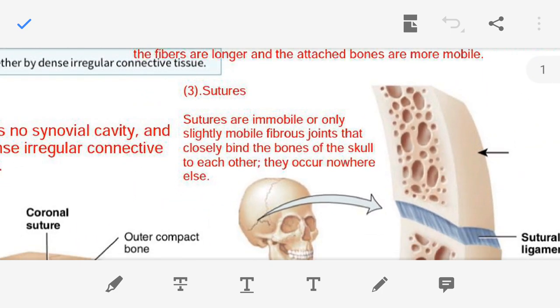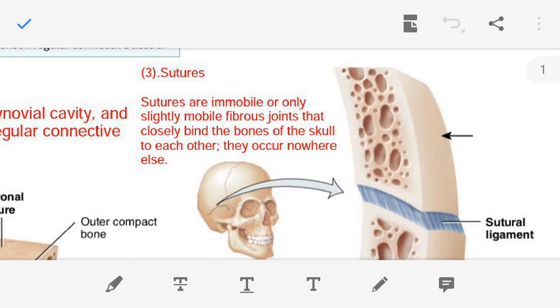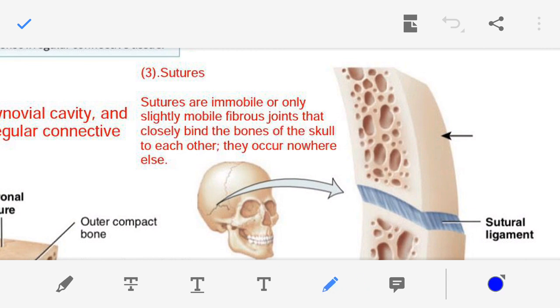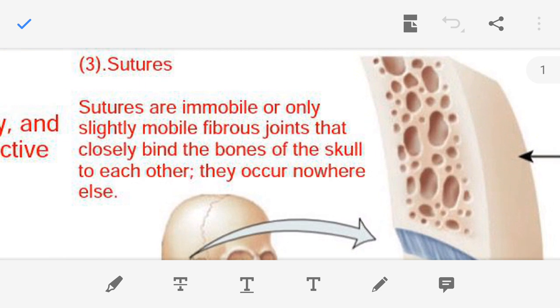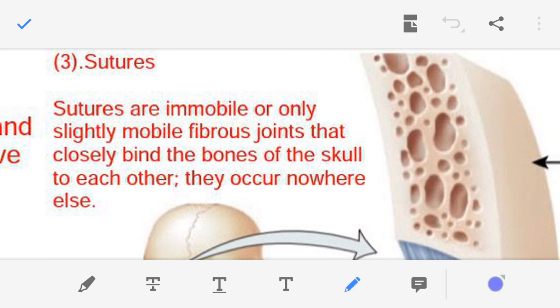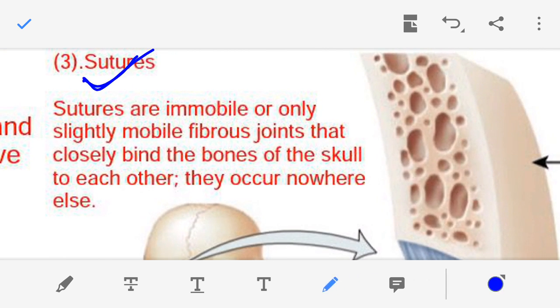Now here, sutures. First of all, where are the sutures present? As you can see on the screen, this suture is present between the skull bones. So in our skull, the sutures are present. Okay, and what are the sutures?